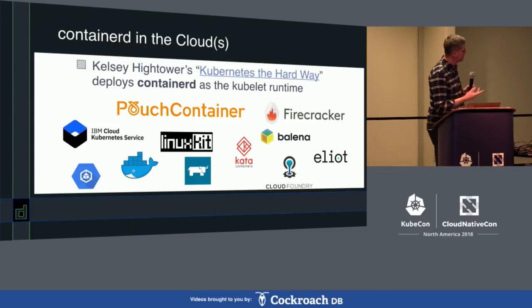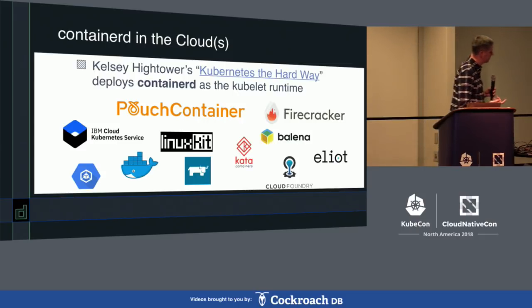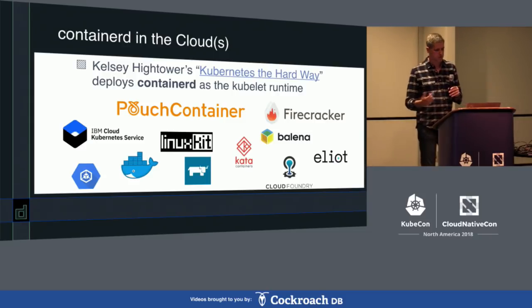There are a couple of IoT use cases, Balena and Eliot, using Containerd in the IoT space. I mentioned the Garden runtime underneath Cloud Foundry using Containerd. Again, Kata, another VM-based isolation runtime. A couple other projects: LinuxKit from Docker, the Moby project, uses Containerd to run its services.